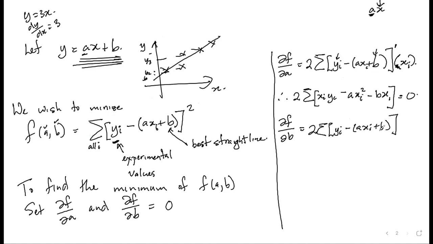And then when we differentiate the b, we're going to get a 1 this time. So that is going to give me 2 sum of yi minus axi minus b, multiplied by 1, and it's supposed to equal 0.